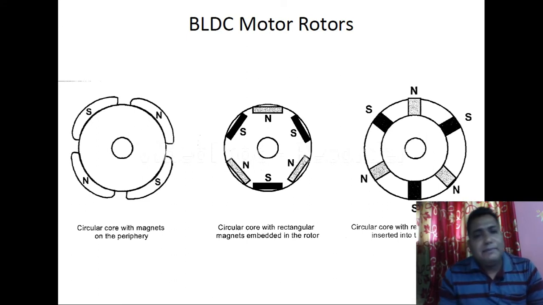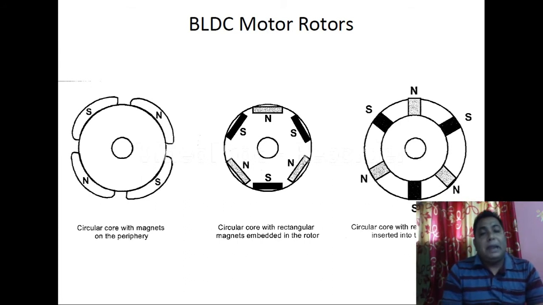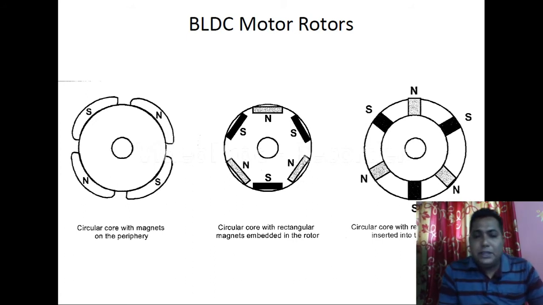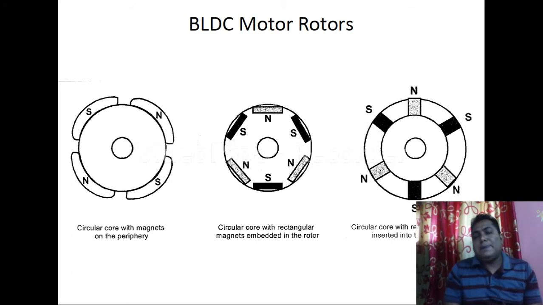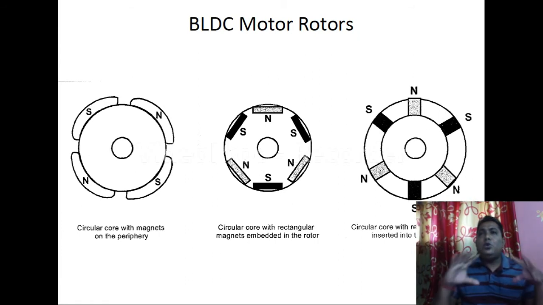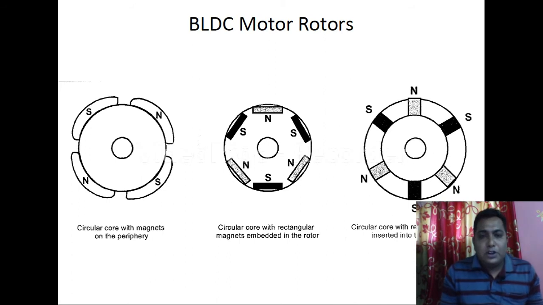The left hand side diagram represents a circular core with magnets on the periphery. Now coming to the middle one, a circular core with rectangular magnets embedded in the rotor.